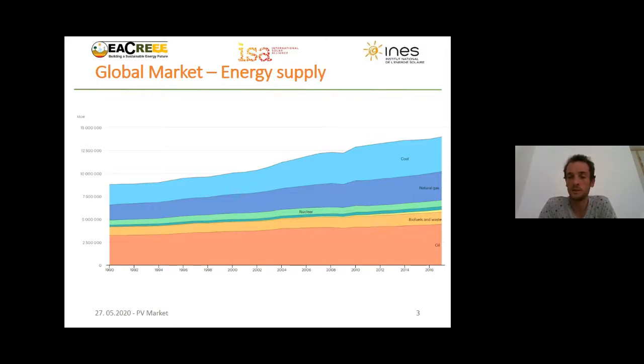The first issue is, of course, climate change, because fossil fuels, by combustion of carbon, produce CO2, carbon dioxide, that increases global warming at the world scale.